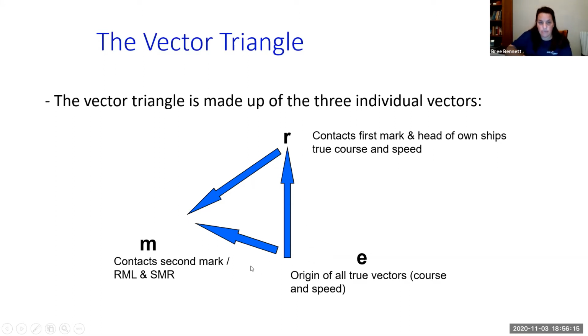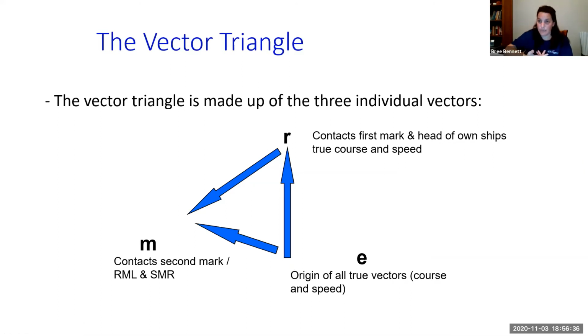So what do we have here? The first thing that you plot is going to be your R. And then we can plot our M, which is what happened typically 6 minutes later. And then we could plot our E, which is going to be from us.